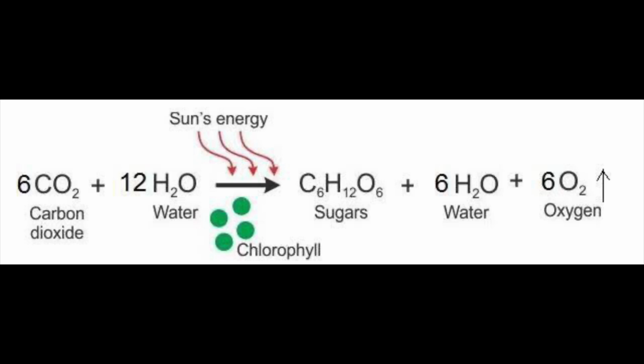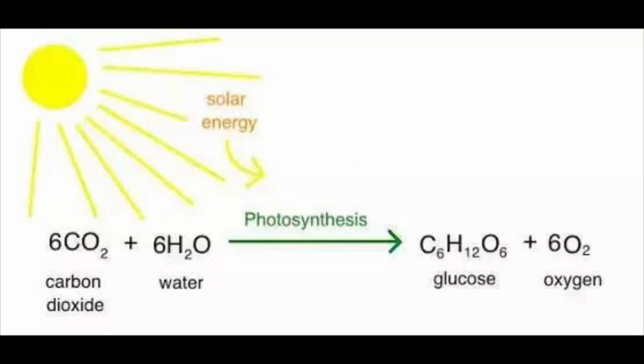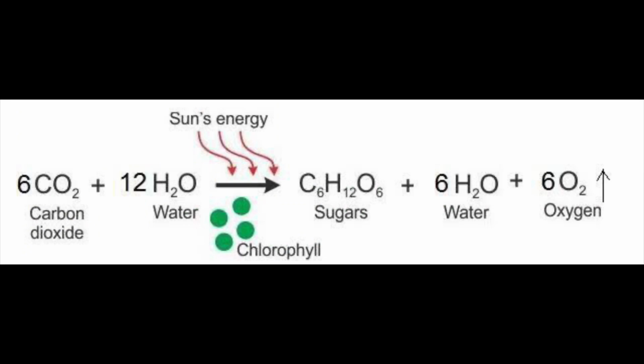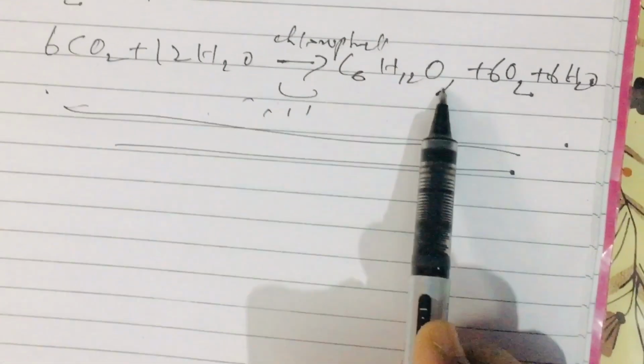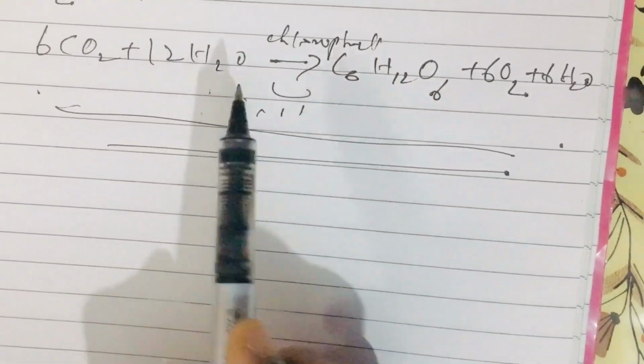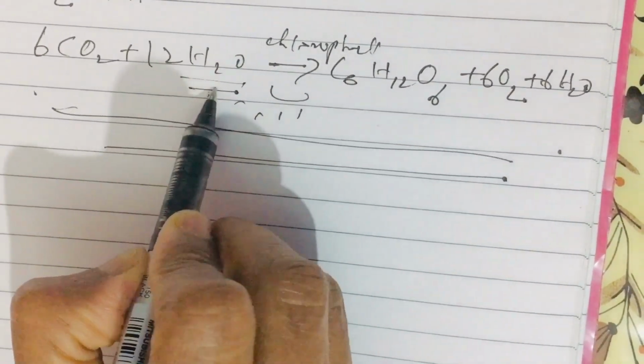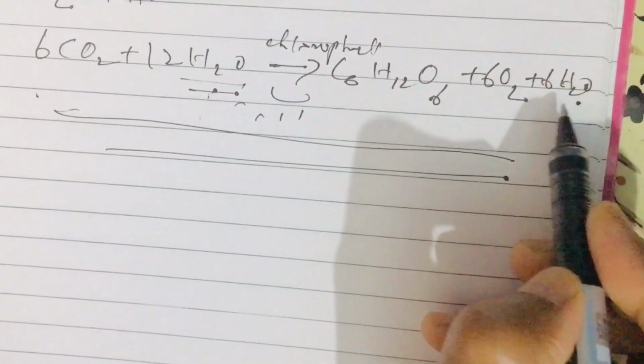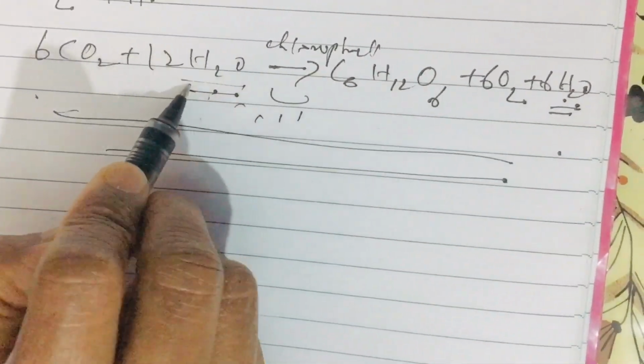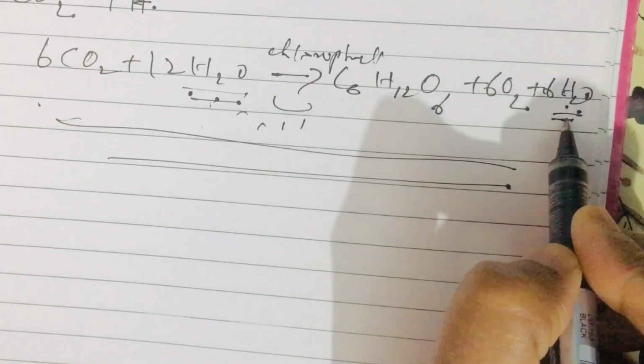So this is the better one. In the old edition of the NCERT book it is given like this, but in the revised edition it is shown like this. So it is better to write like this, but that is not the point. Here the reactant water is not the same water produced as a product here. This is a product actually, but you are not going into detail here.